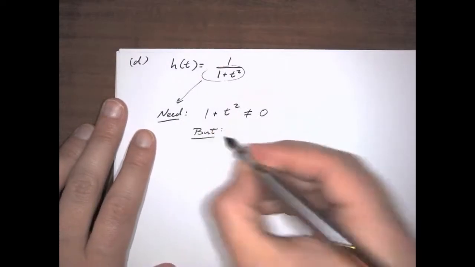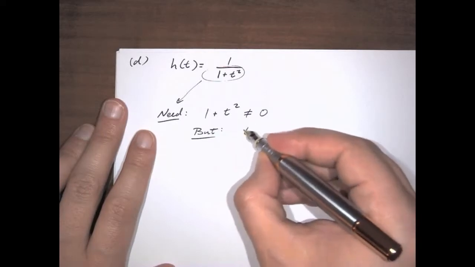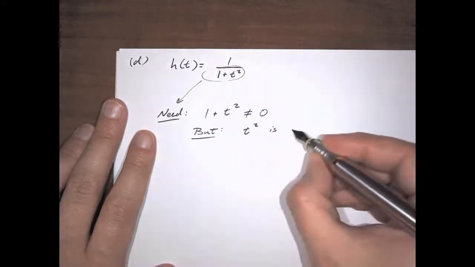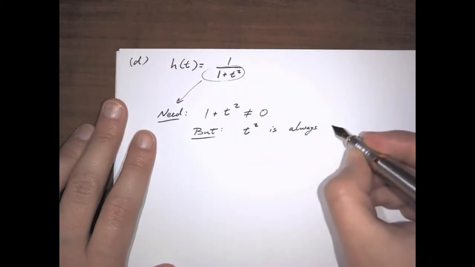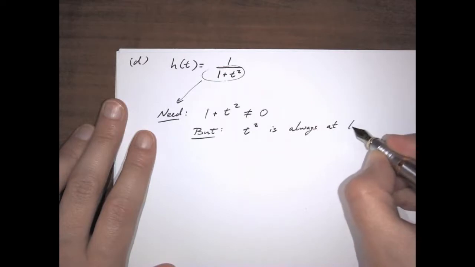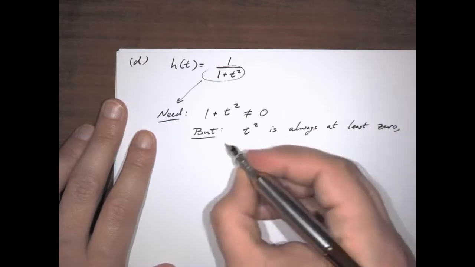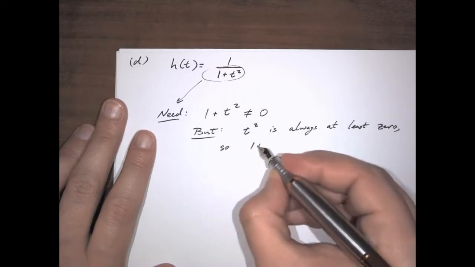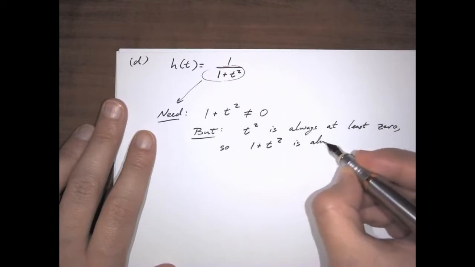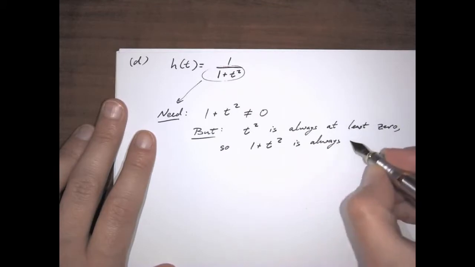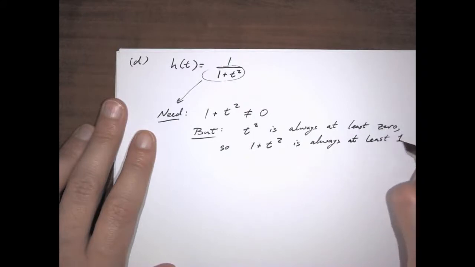But t squared is always at least 0. So 1 plus t squared is always at least 1.